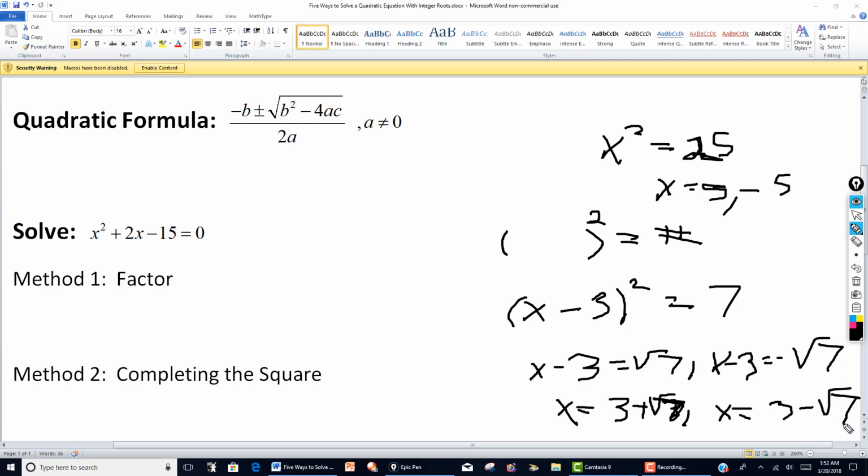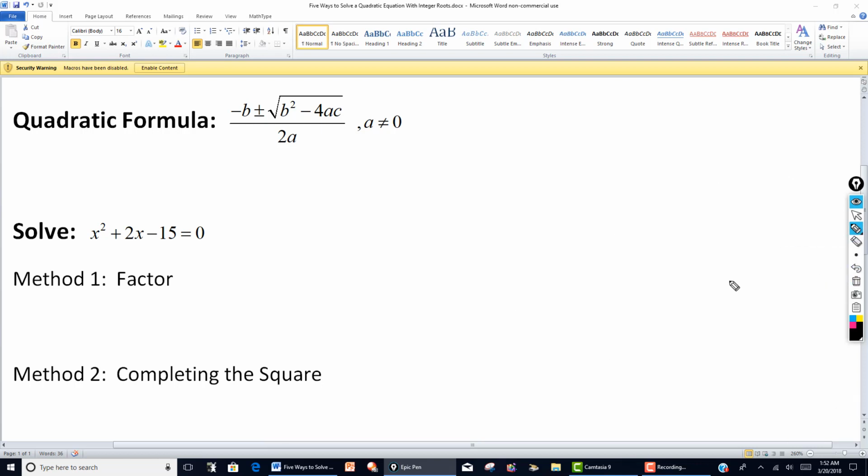Okay, so that's the objective on the one that I'm doing. Okay, so it works out nicely if the coefficient of the x-term is 1, because all you have to do in this case is this.